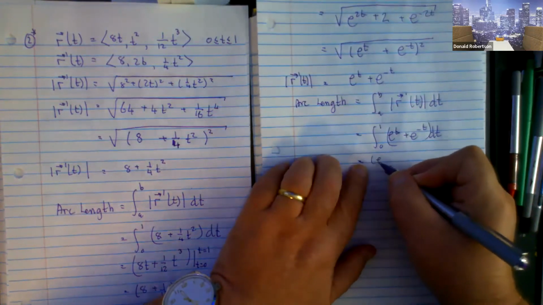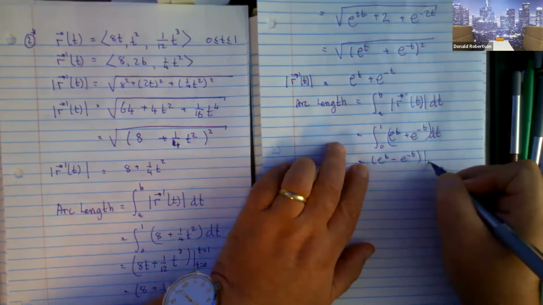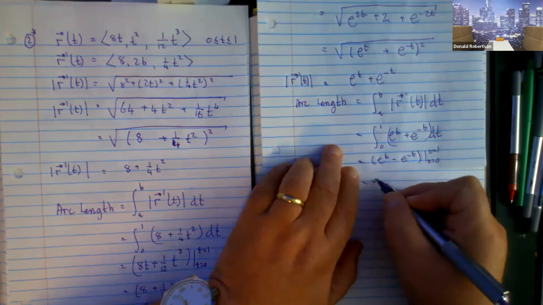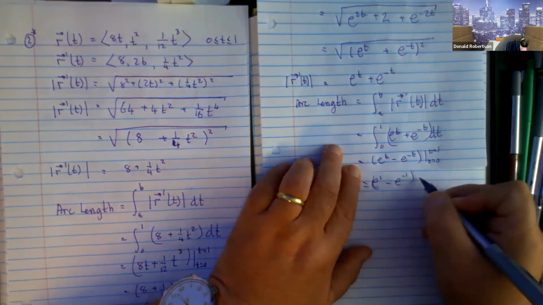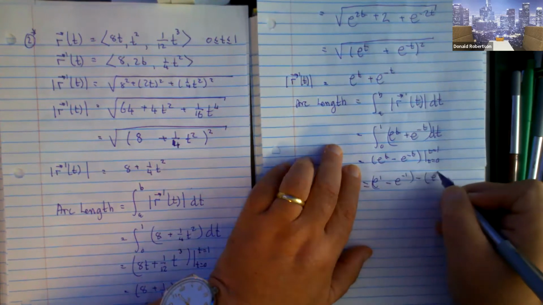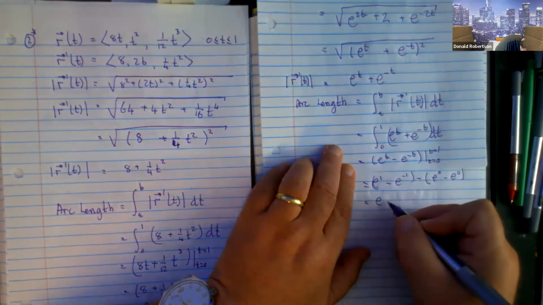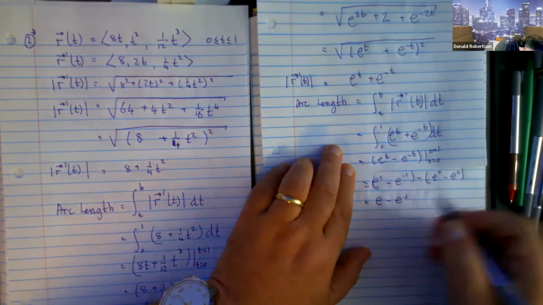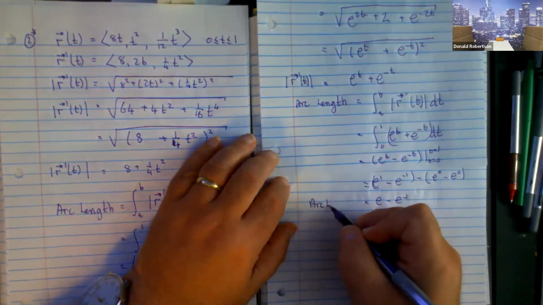And it's going to be e to the t, take away e to negative t, evaluated at 0 and at 1. So we're going to get e to the 1, e to the negative 1, take away e to the 0, take away e to the 0. That's e to negative 1. 1 take away 1 is 0, and there is our answer.